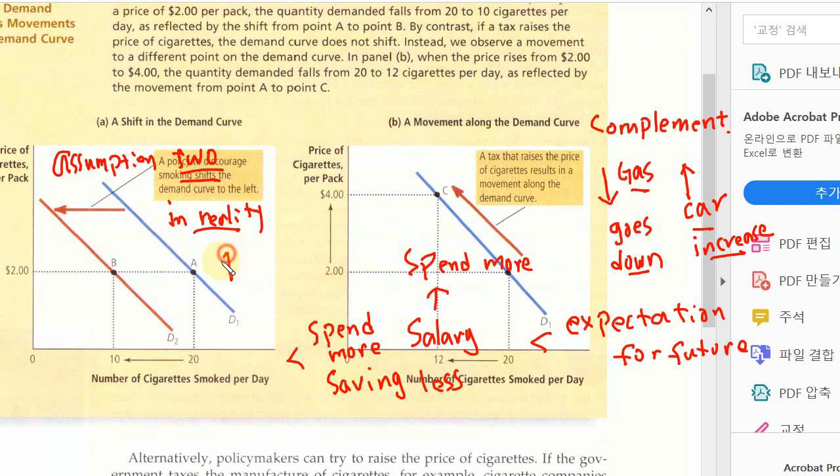As the number of people who want to purchase a product increases, naturally the demand for that product will also increase. This is a very natural phenomenon.